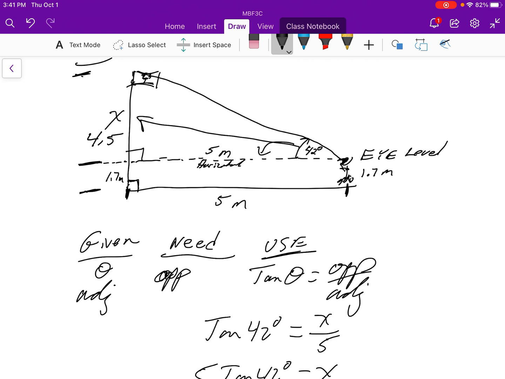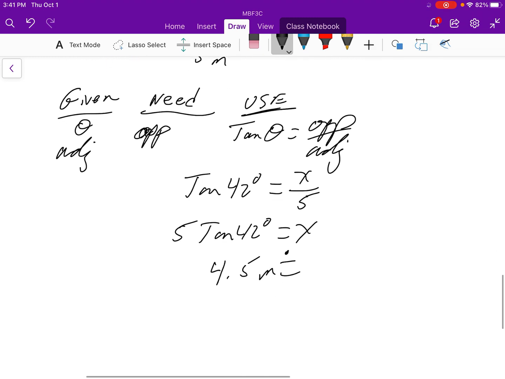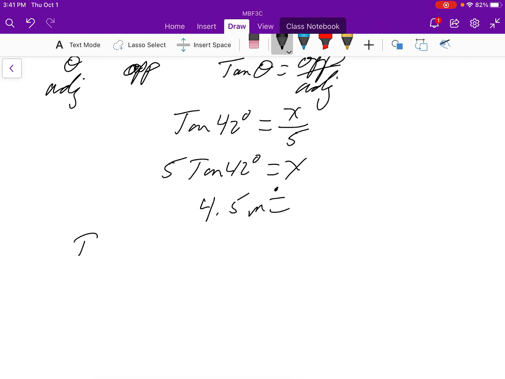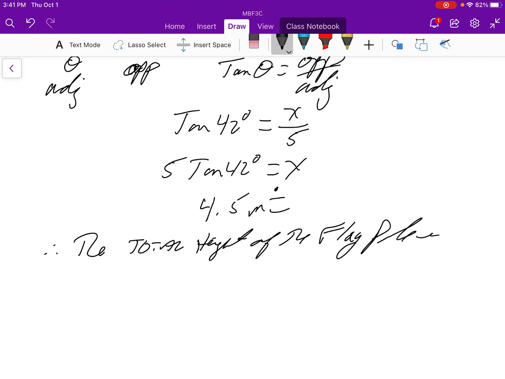So the total height of the flagpole is the 4.5 plus the 1.7. Okay? So we can say, therefore, the total height of the flagpole is 4.5 plus 1.7, which is 6.2 meters tall.